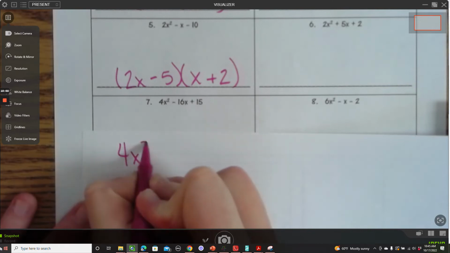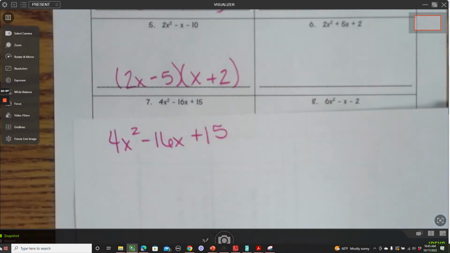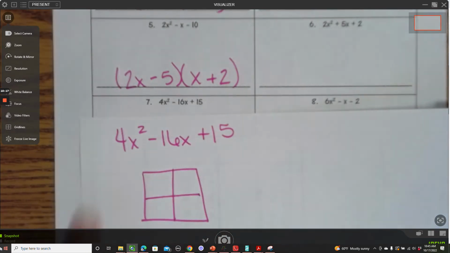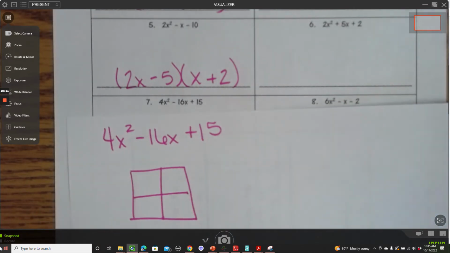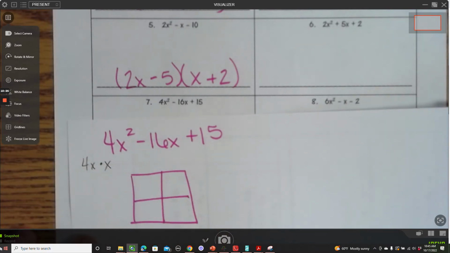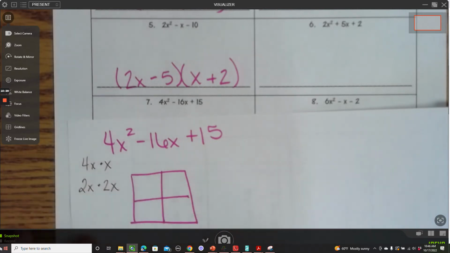All right, 4x squared minus 16x plus 15. Do I have a common factor? Nope. All right, here things get really sketchy, because 4x squared could be 4x times x, or it could be 2x times 2x.